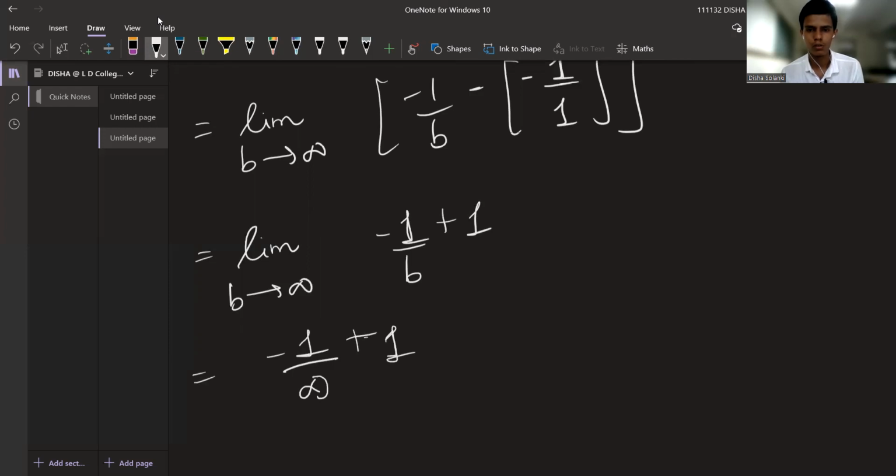What is 1 by infinity? 1 by infinity means 1 by some very big number. Any number by some very big number will always tend to 0. So 1 by infinity is always 0. So this will be 0 plus 1, which is equal to 1.